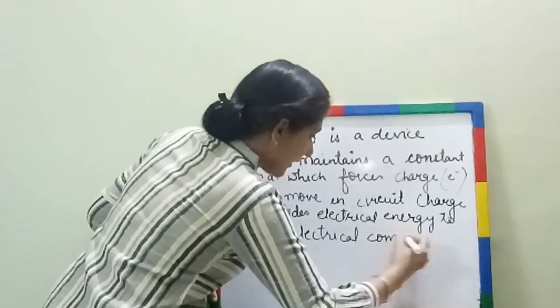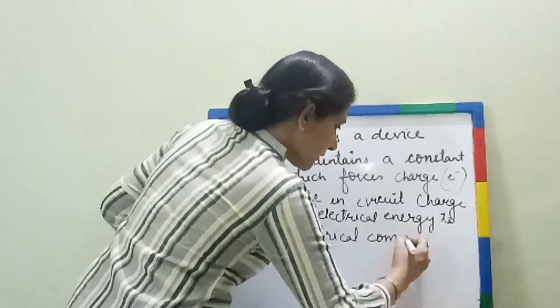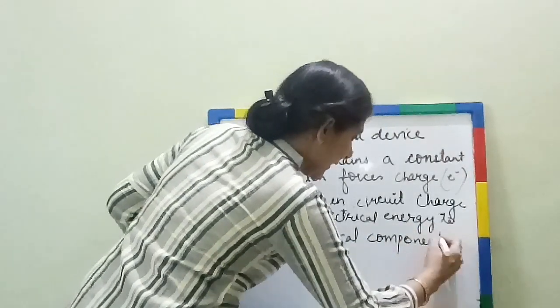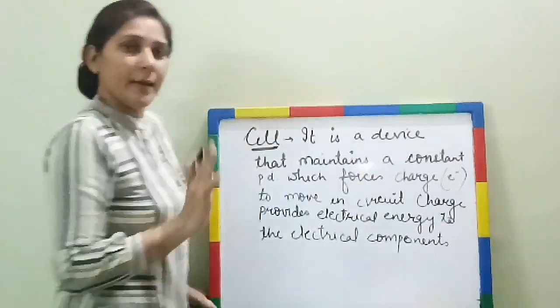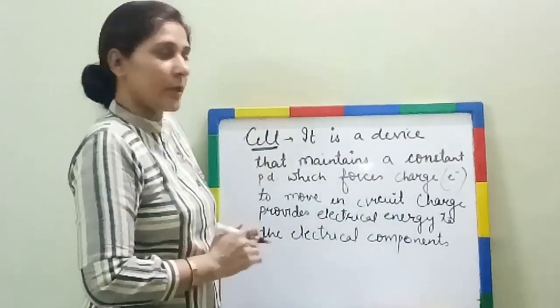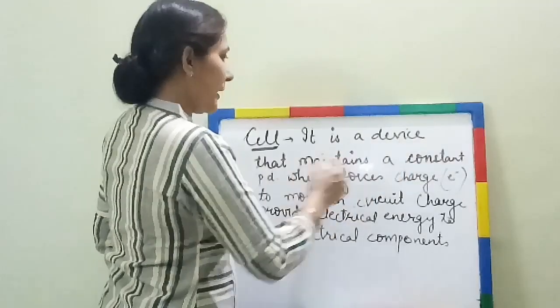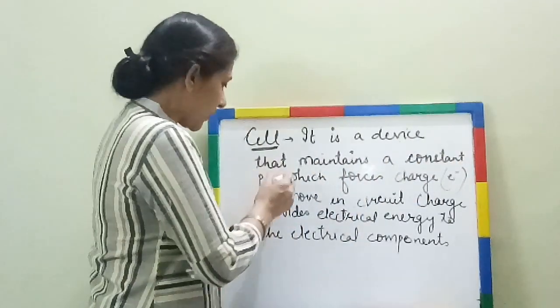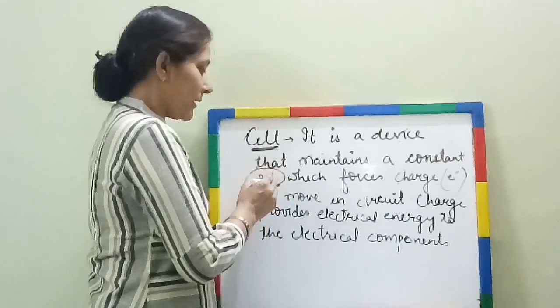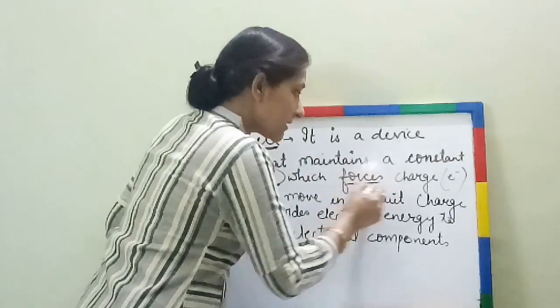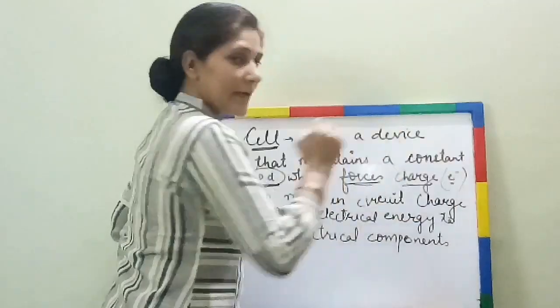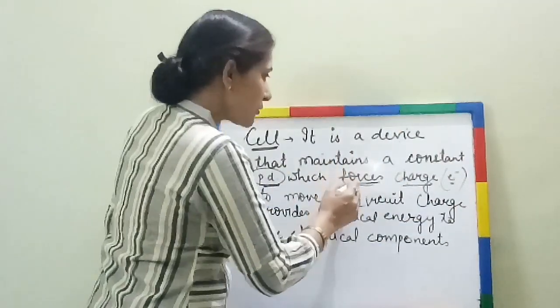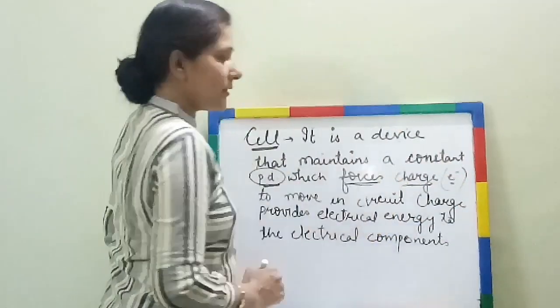Now if you have a look at this definition again, you are able to understand this term cell very well. It is a device that maintains a constant potential difference in the circuit. When potential difference is maintained, then this potential difference forces the charge, which we are considering electrons here, to move in the circuit.